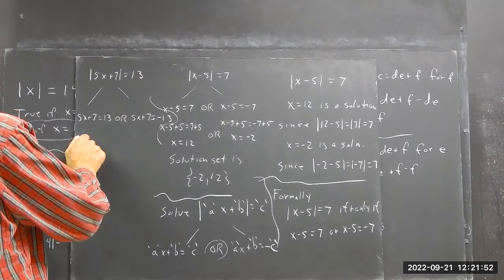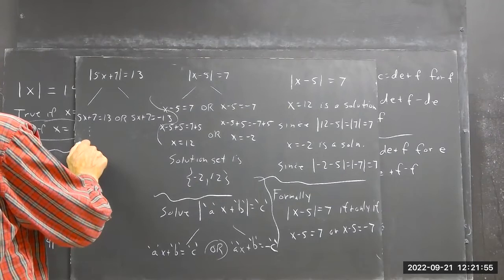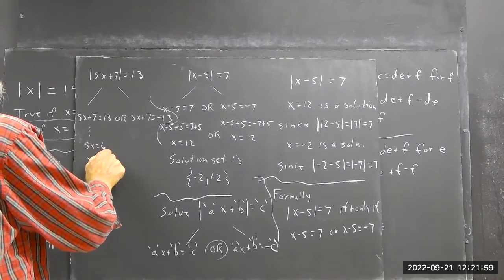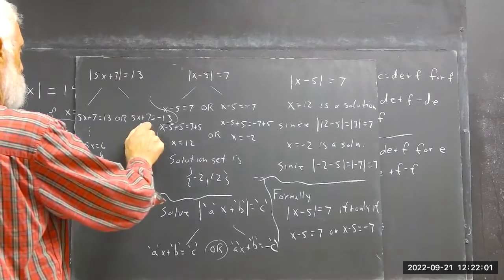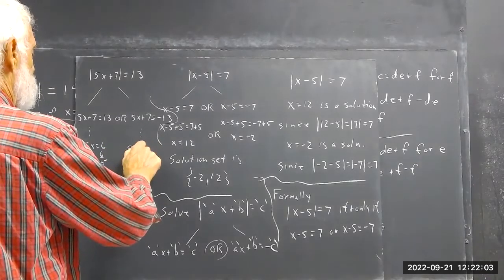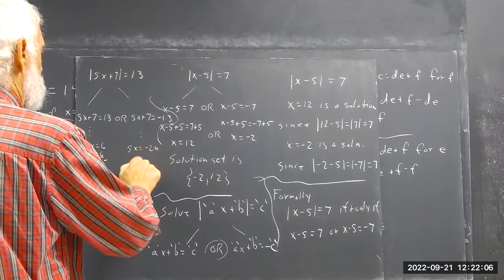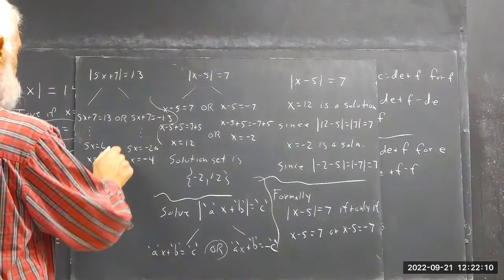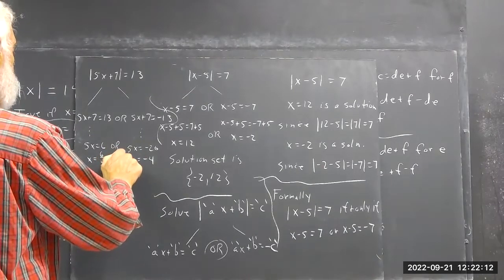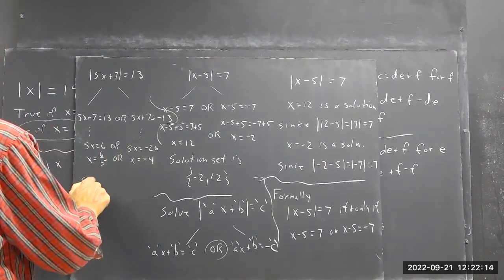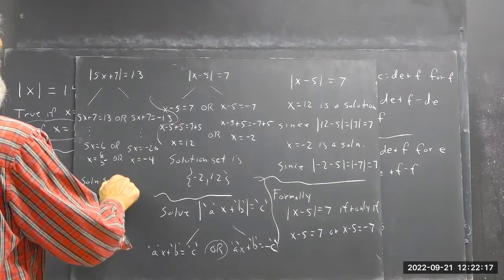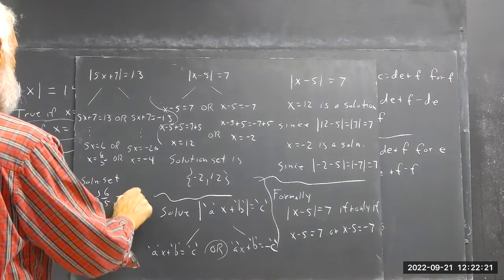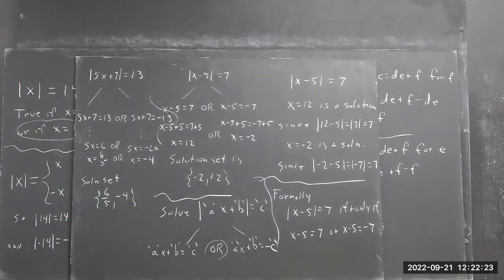So we got two solutions with an or between them: six fifths or -4.